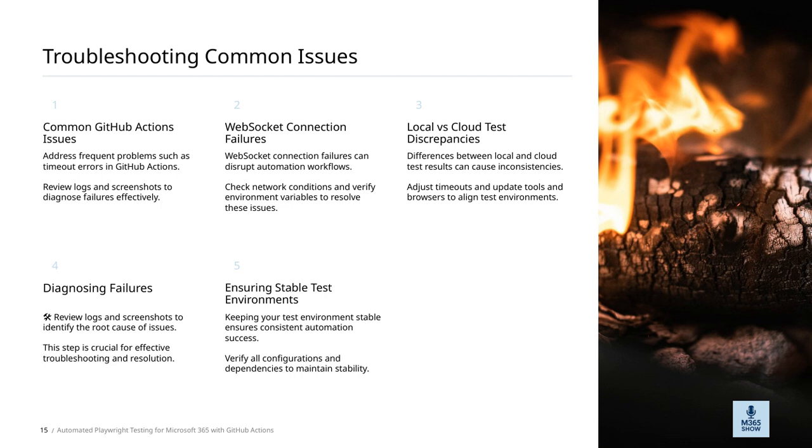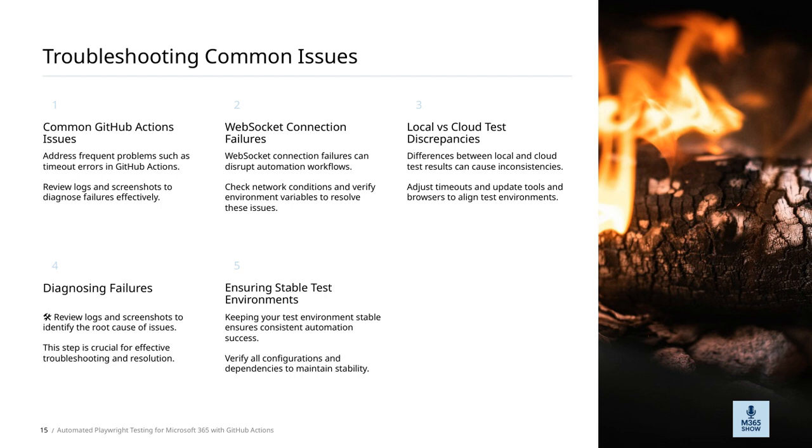execution. WebSocket connection failures are also a frequent hurdle. These can disrupt your automation workflows, but checking your network conditions and verifying environment variables can often resolve these issues. It's all about ensuring your environment is stable and properly configured. Finally, addressing common GitHub Actions issues, such as timeout errors, involves reviewing logs and screenshots thoroughly.